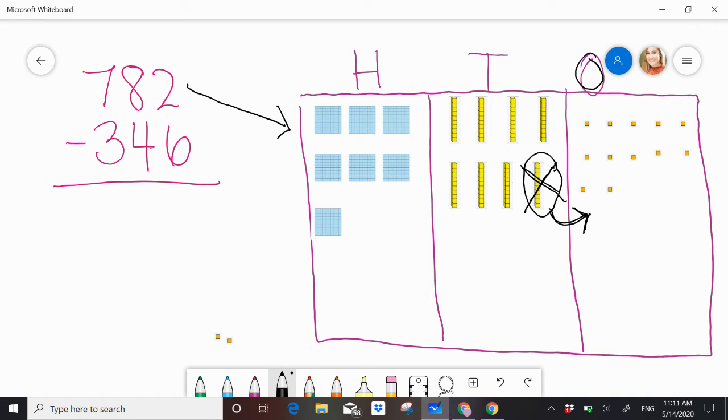So now it doesn't exist as a group of 10 unified together anymore, but I chopped it up into those individual ones. So now I don't have just 2 ones here.